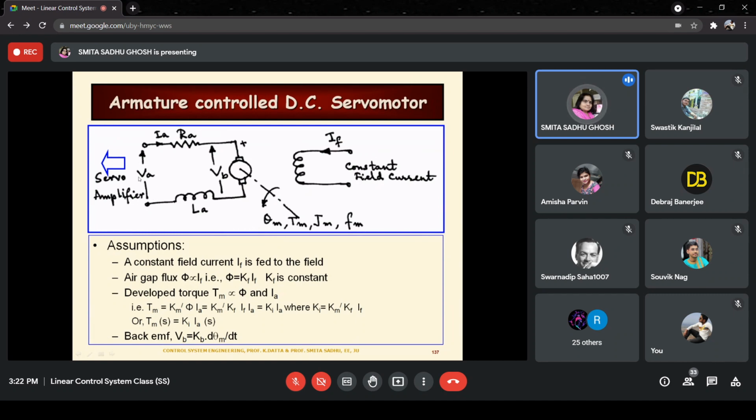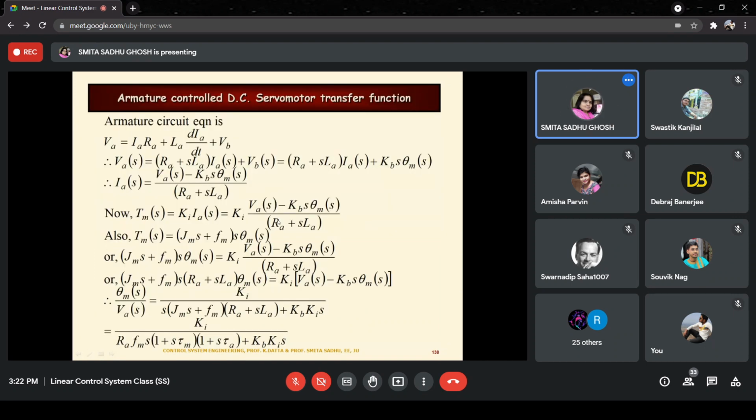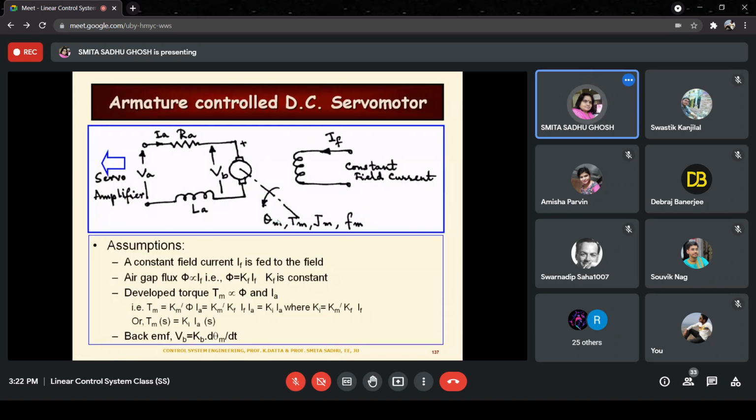So now we would be writing relevant expressions, and we would be trying to rearrange and substitute and all that, and we would be bringing an expression relating VA with theta m. Before going into the derivation itself, we have to keep these in mind, meaning which is the output, which is the input.